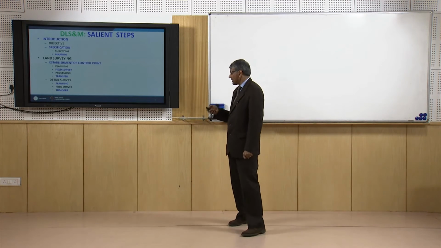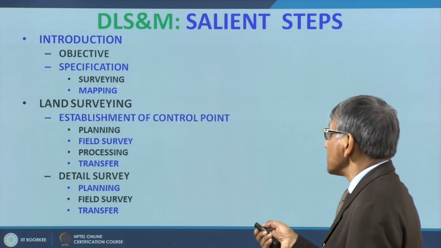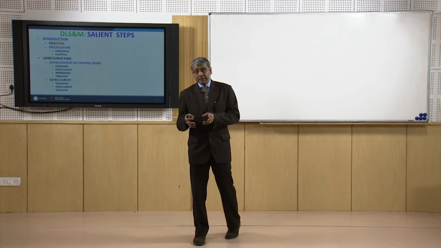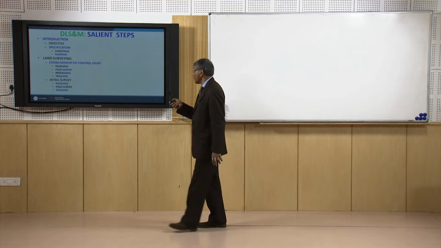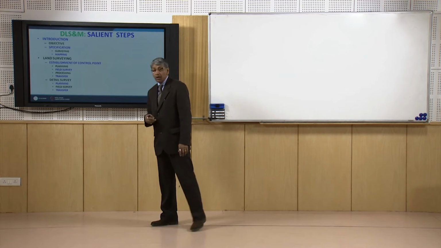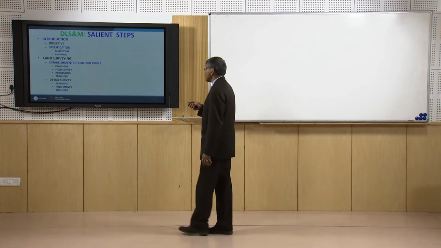Now depending upon that, we have to see the specification of the surveying, that means the quality of data that we would like to have to meet the objective of the topographic map.